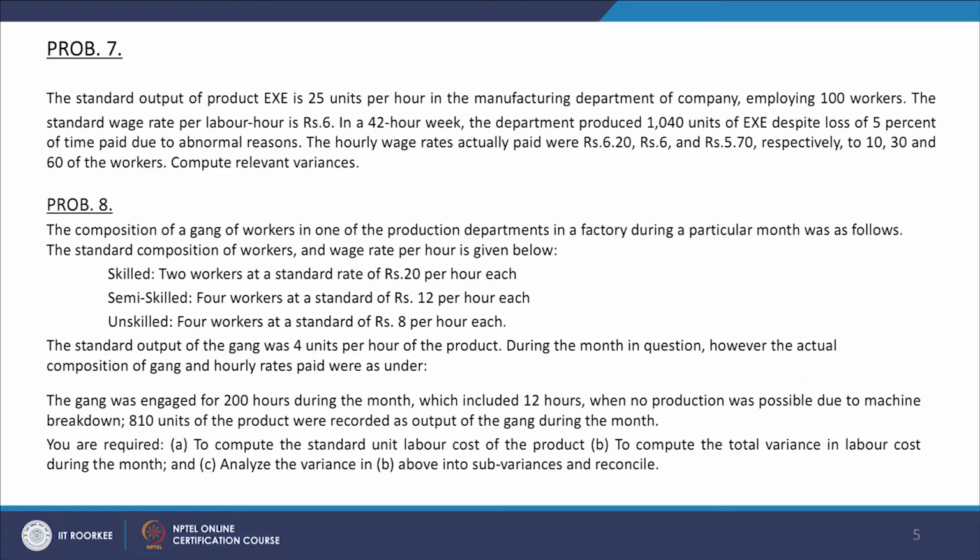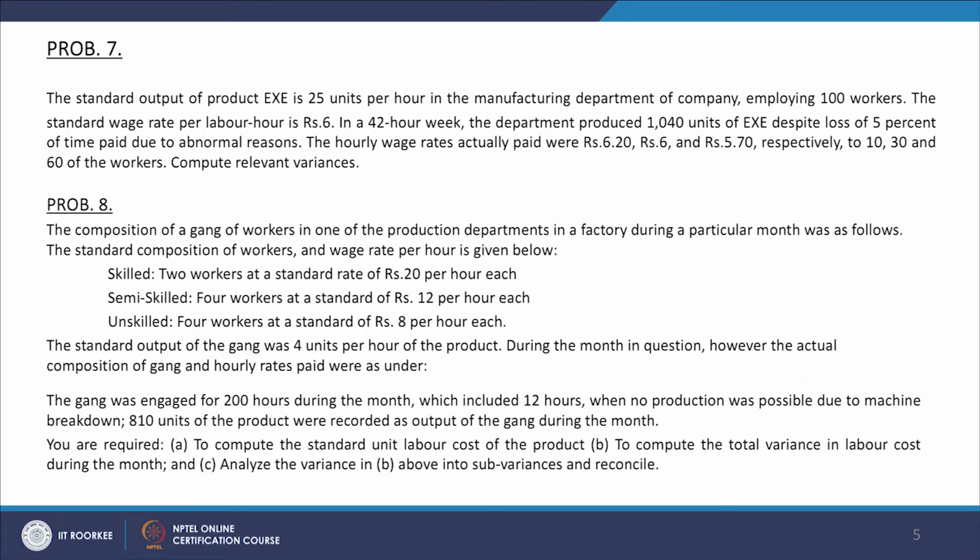In case of the semi skilled, they were expected to be 4 in number as a standard and to be paid at the rate of 12 per hour, but actually we hired only 3, they were only available 3, and the rate we have paid is 2 rupees extra as against the standard. We have paid 14 rupees per hour to the semi skilled workers. Third is the unskilled.